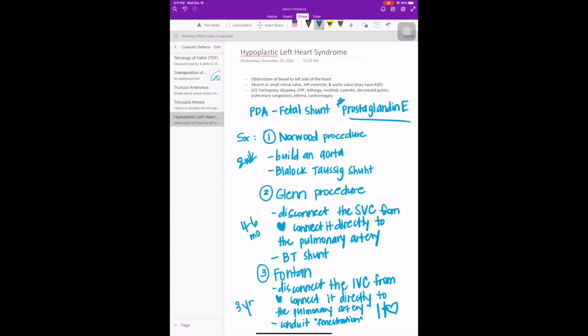They're going to make a hole right here to the right atrium, so that the heart can get some blood and then it pumps through the rest of the body, and the right ventricle becomes the main pumping ventricle. So this whole thing, hypoplastic left heart syndrome, is not very good. I mean, they do have positive outcomes, but more than likely they'll end up on the transplant list.